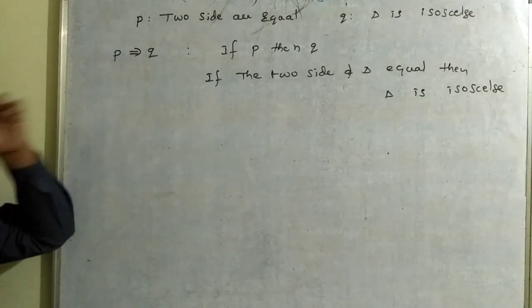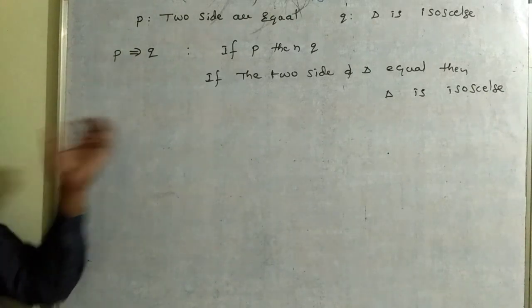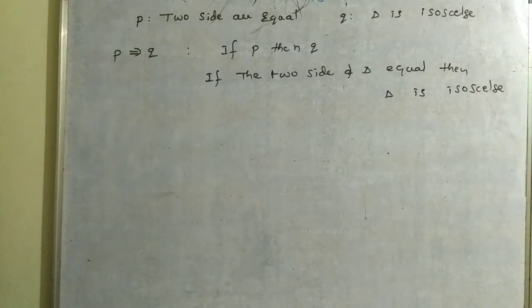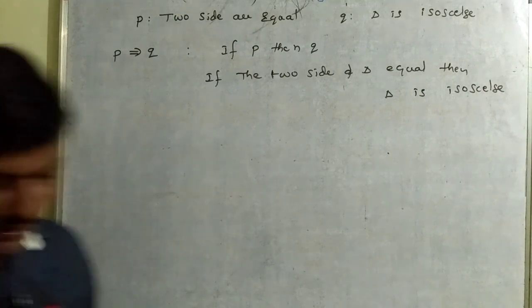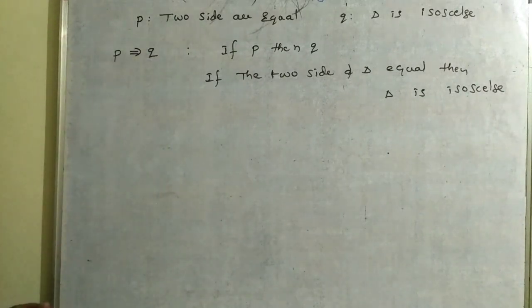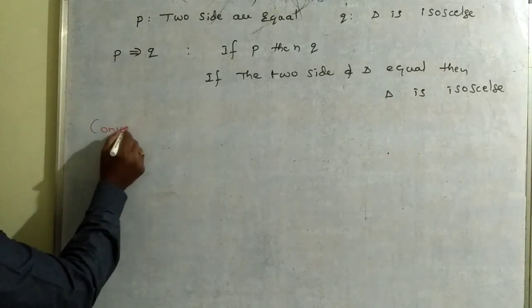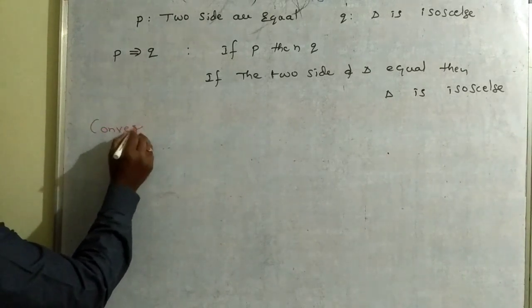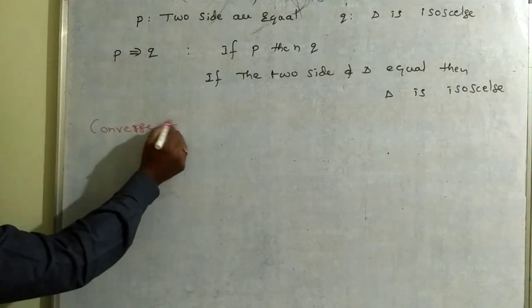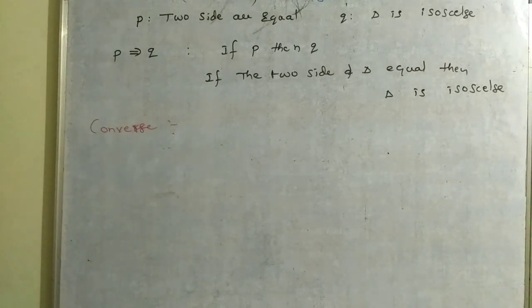Now we applied the implication upon these two statements. On the implication, we have three conversions. First one is the converse. On the implication, we can apply three conversions, and the first is converse.